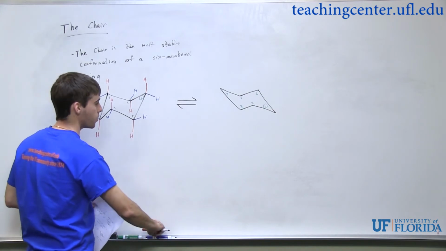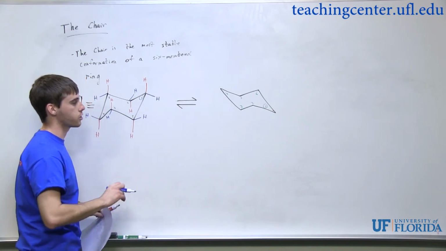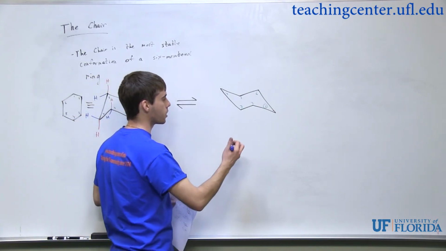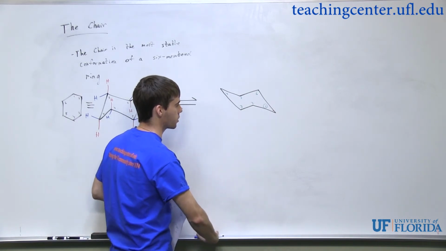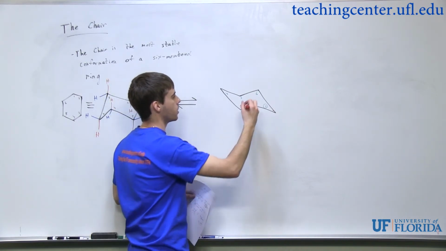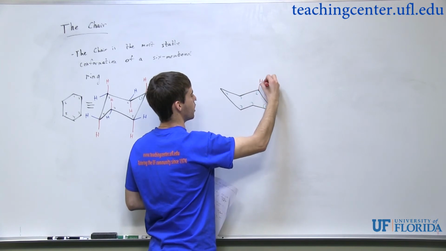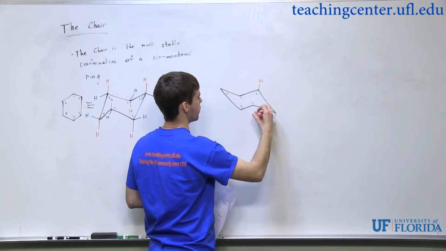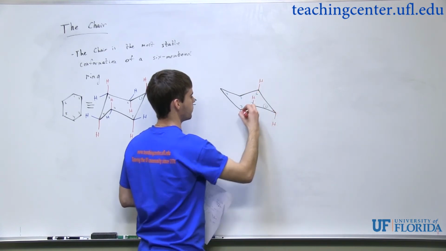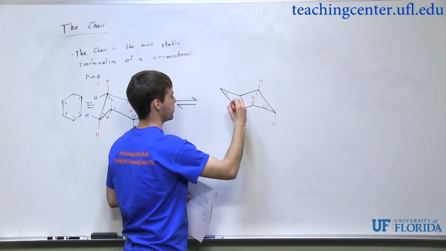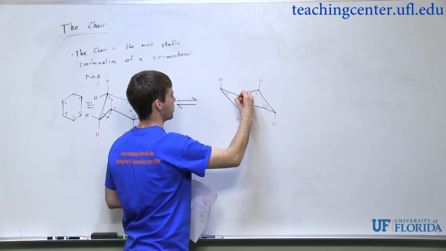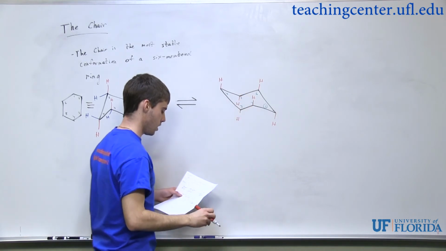Again, we have the same thing with axial and equatorial. If I start here, I'll start with axial because that's what I usually do. You have up, down, up, down, up, down.